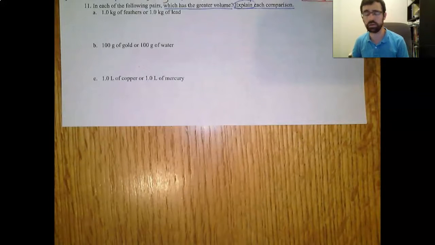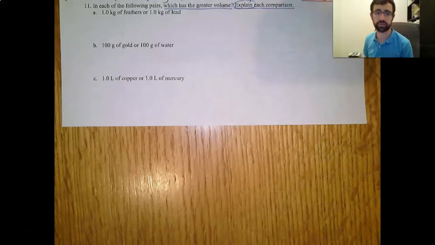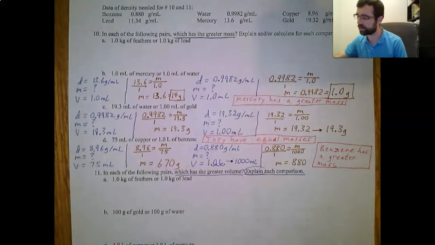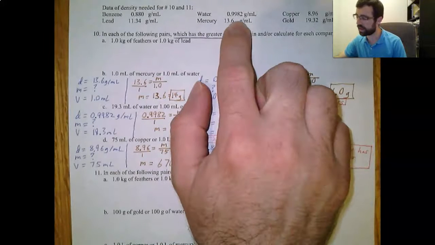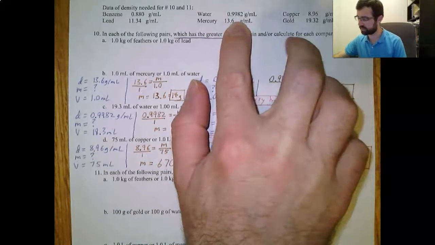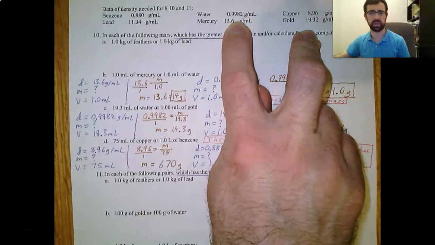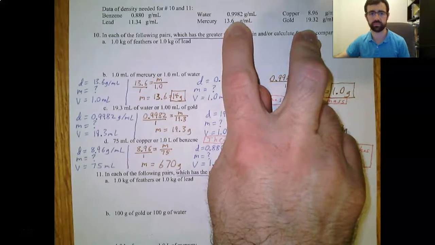Okay, which of these is going to have a greater volume? 100 grams of gold or 100 grams of water? Well, let's look at our densities. I've got water. I've got gold. If I have the same mass, I want to know which one has a greater volume.